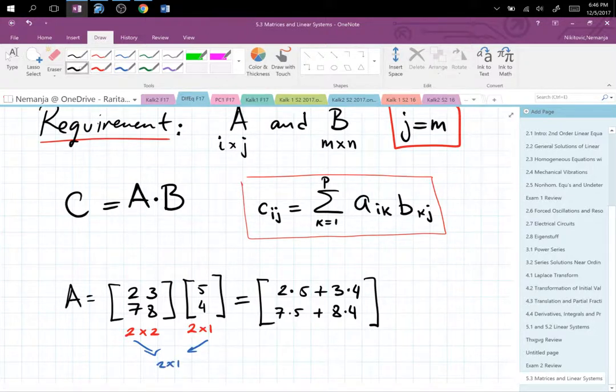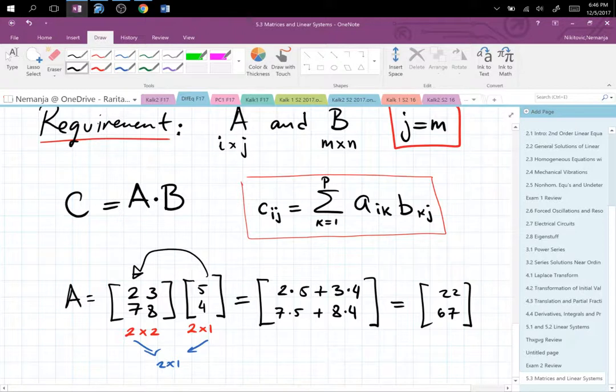Now you just multiply. 2 times 5 is 10 plus 12 is 22. And then 7 times 5 is 35 plus 32 is 67. So we multiply the two matrices by placing: 5 will be multiplying the column 2 and 7, and 4 will be multiplying the column 3 and 8.